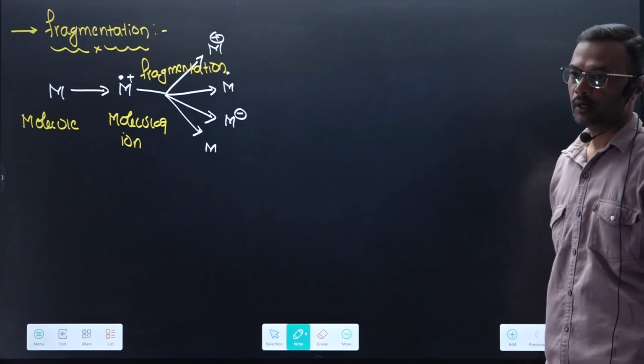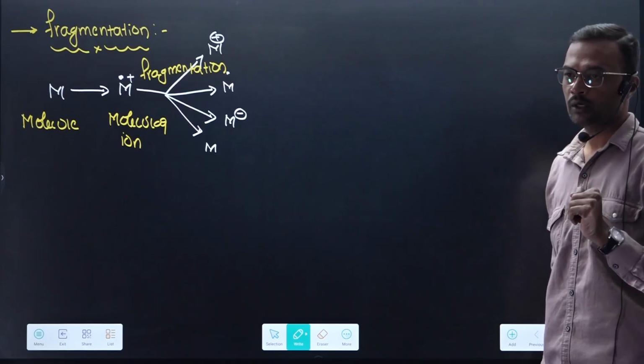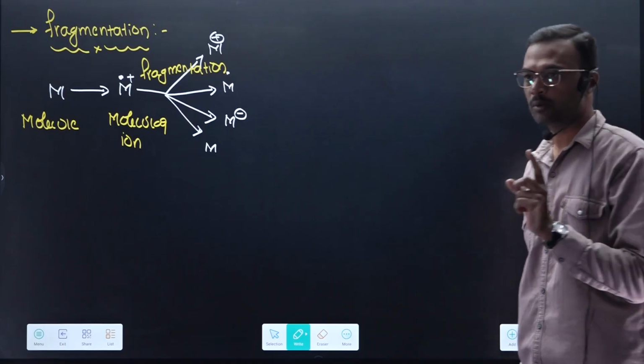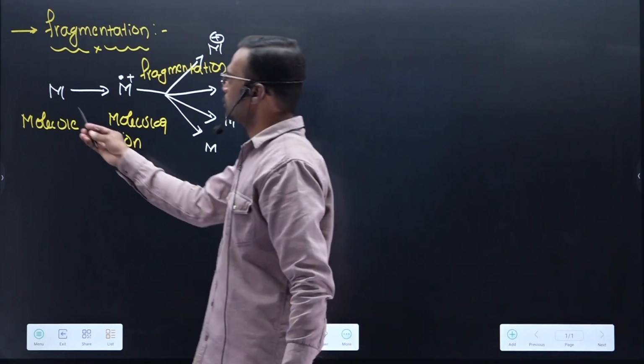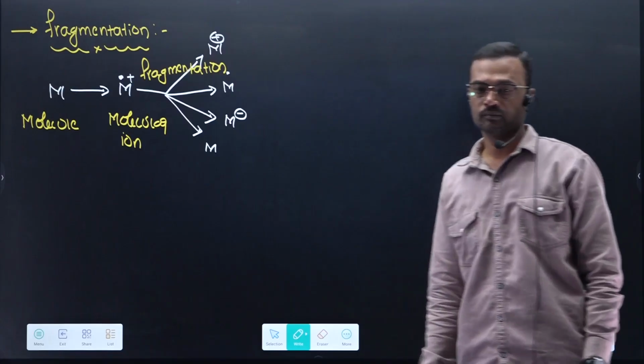Here key points: it is not a random process. What is one more point? It initiates from molecular ion only. Fragmentation never takes place from molecule. It is not random. It is unimolecular. Only these points are important in this.